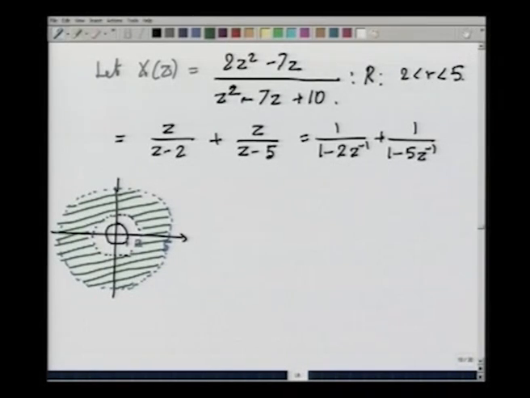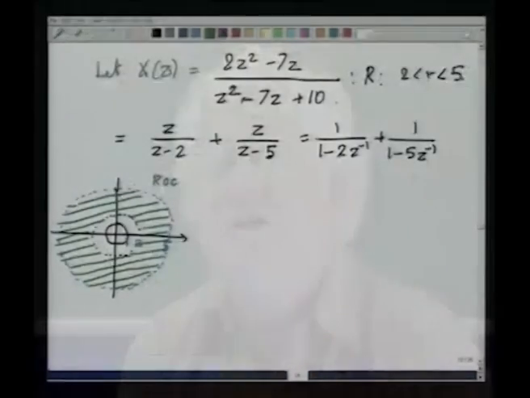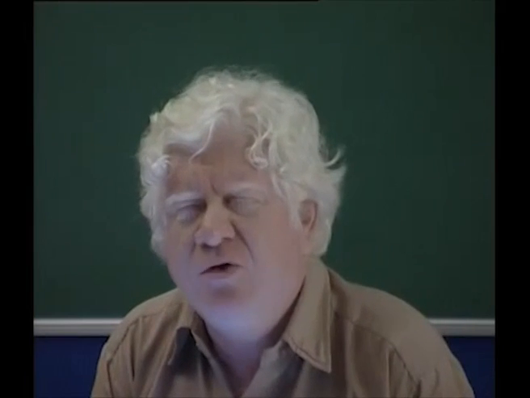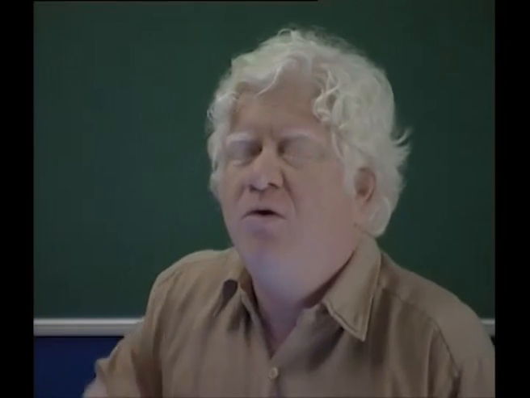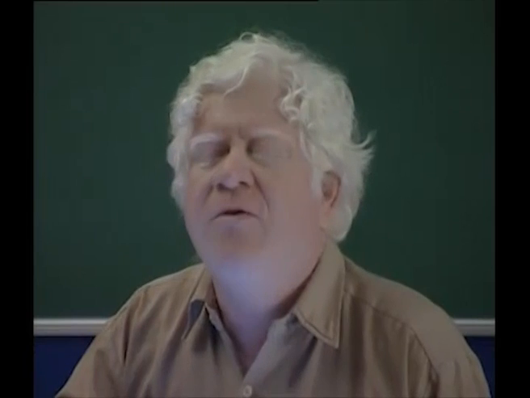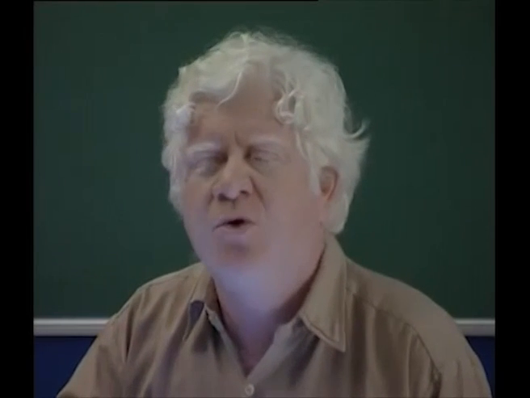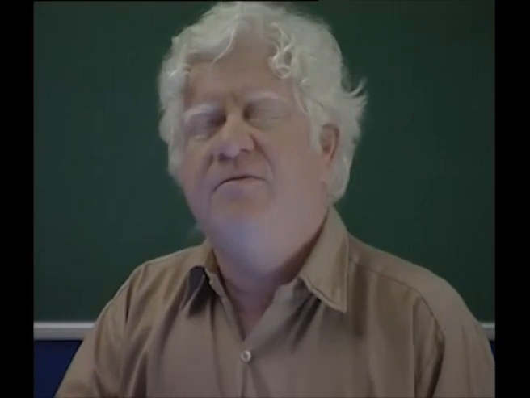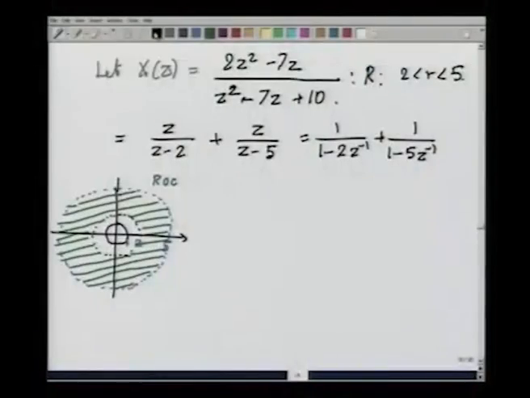This is the annular ROC we have. Now, the ROC is bounded inside at 2 and outside at 5. Such an ROC can only be found as the intersection of an outward ROC starting from 2 and an inward ROC ending at 5. So, that is the comment we have to make.